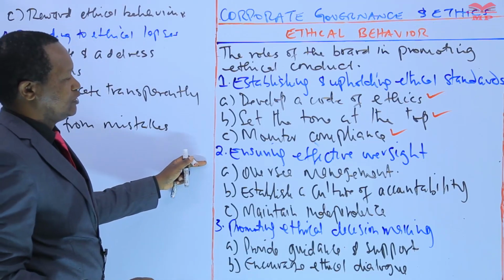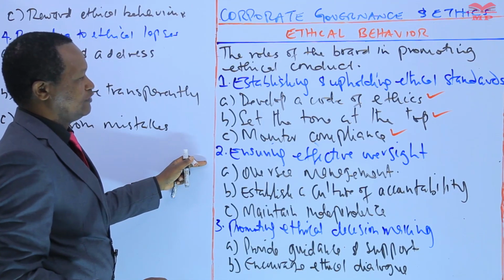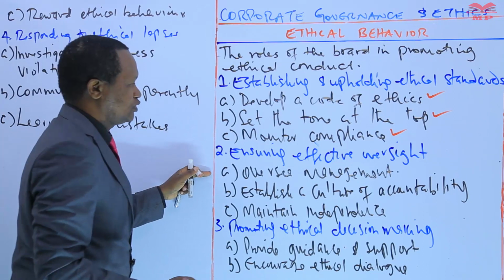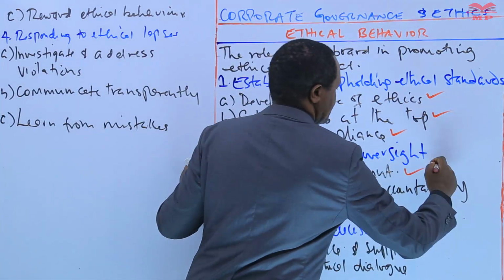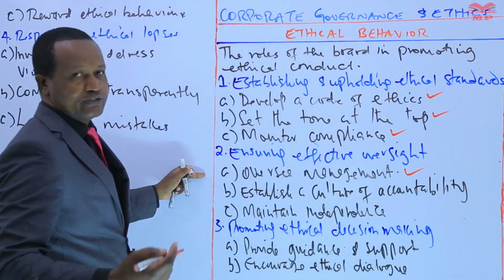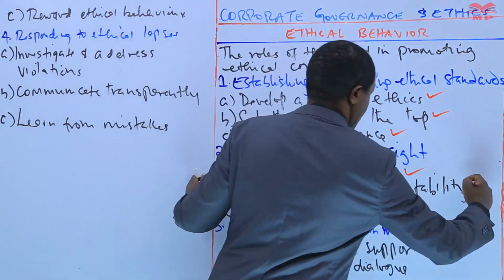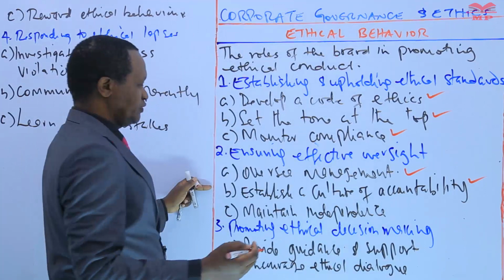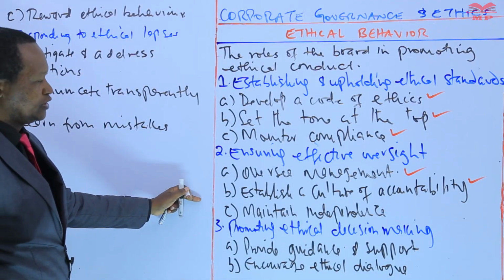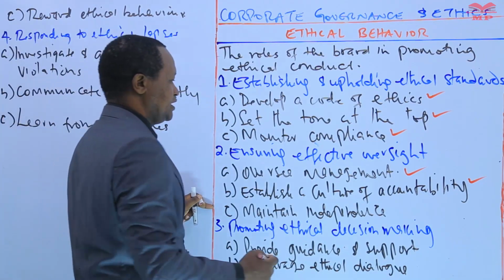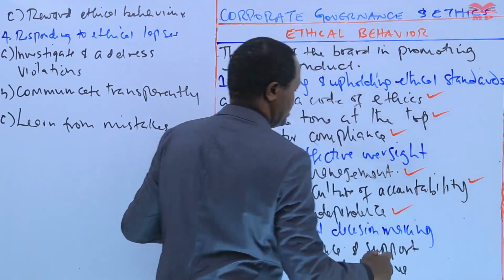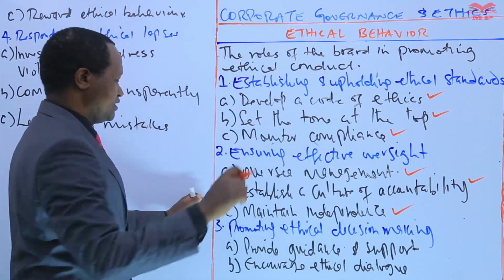In the second category of roles, we have ensuring effective oversight. It is the role of the board to oversee management. Number 2, establishing a culture of accountability. That's the role of the board in promoting ethical conduct. The board should also maintain independence. The board has a role to maintain independence from management.